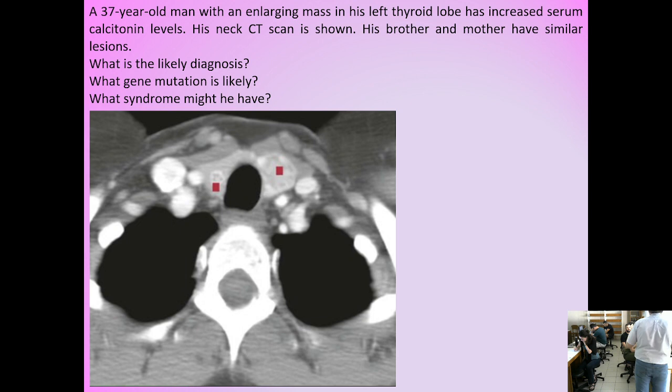So this could be related somehow with a lesion deriving from parafollicular cells. It could be a hyperplasia, which I do not think is so commonly connected with increased calcitonin levels, but it could be a tumor.